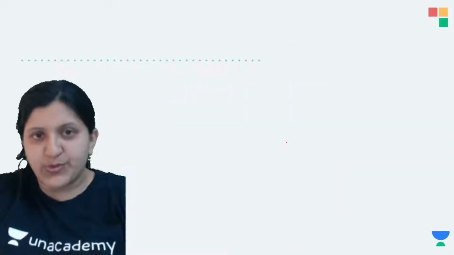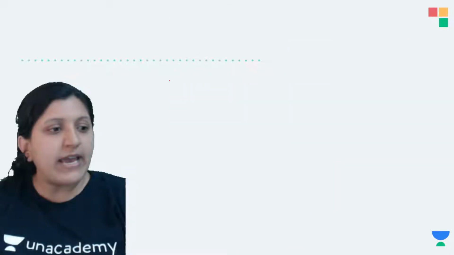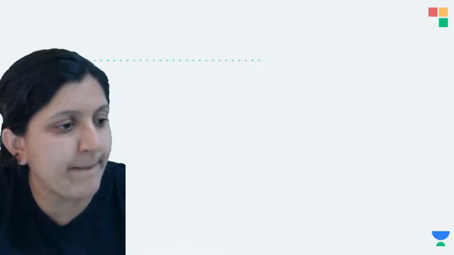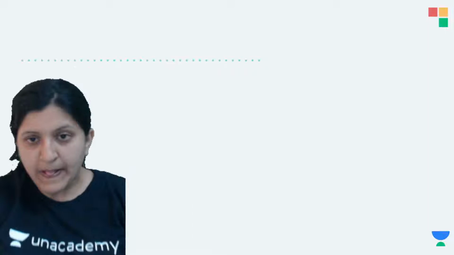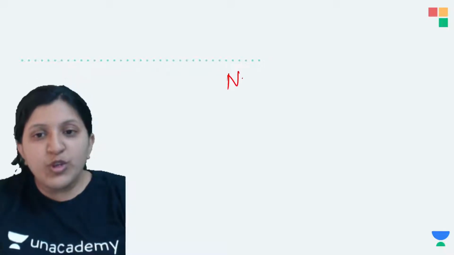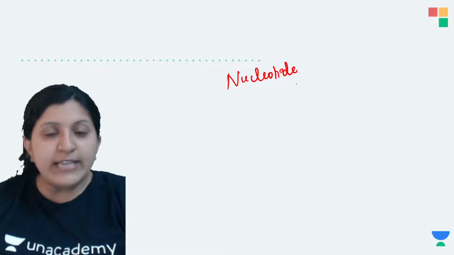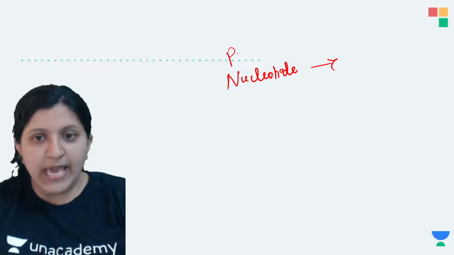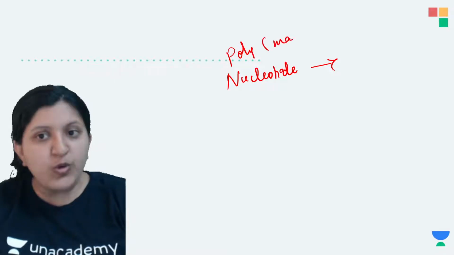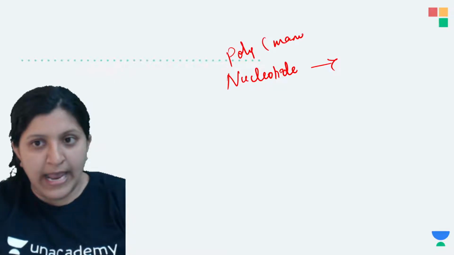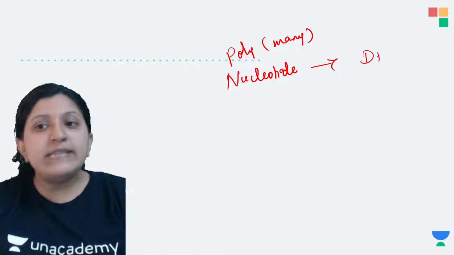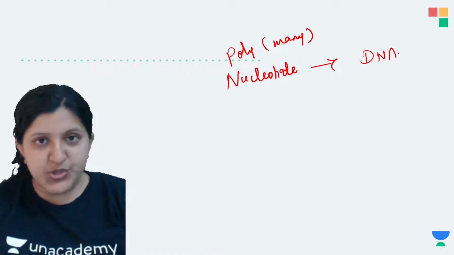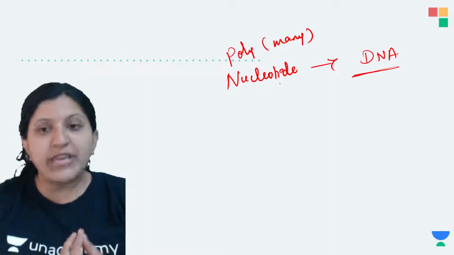Now, nucleotides together, as a polynucleotide, are going to form a DNA. Poly means many nucleotides will join end to end forming this DNA structure. So we can see DNA strand formation with this.